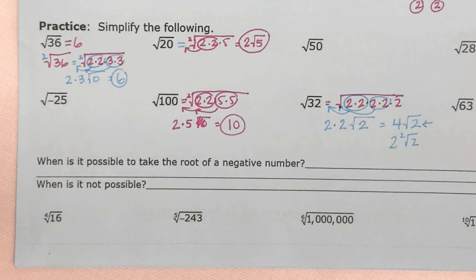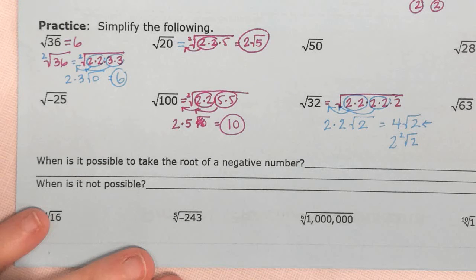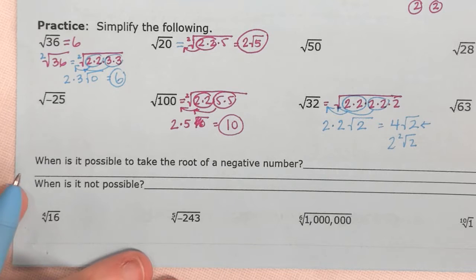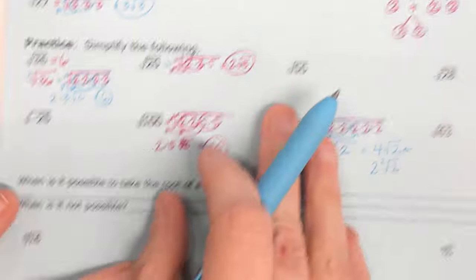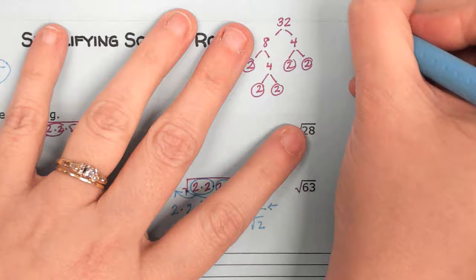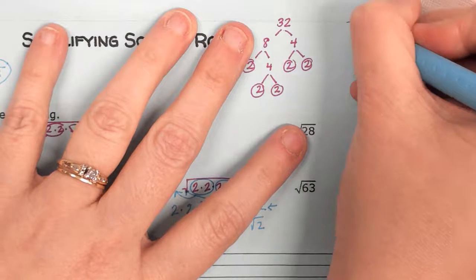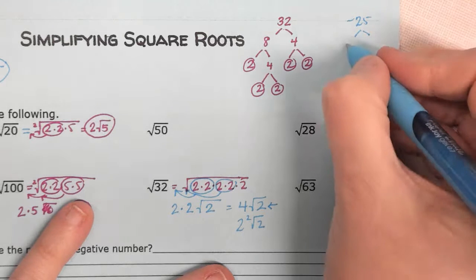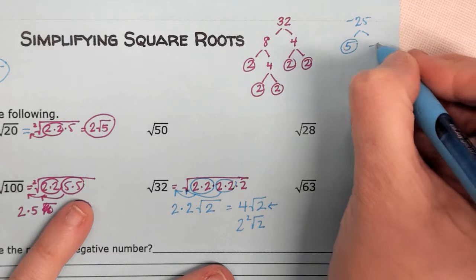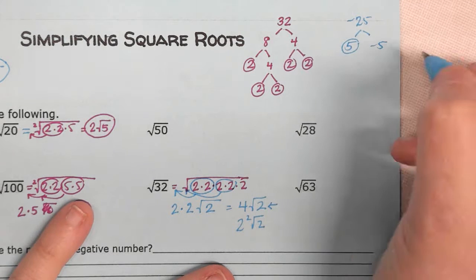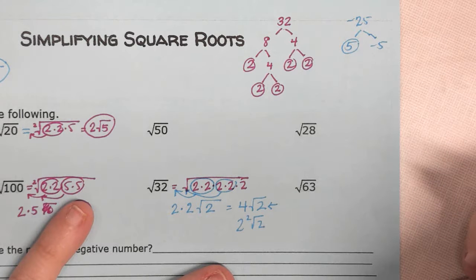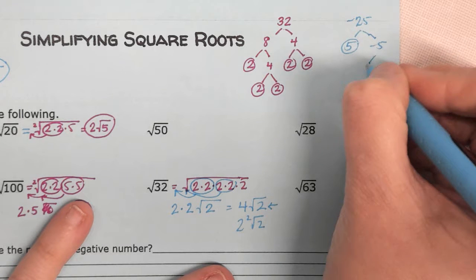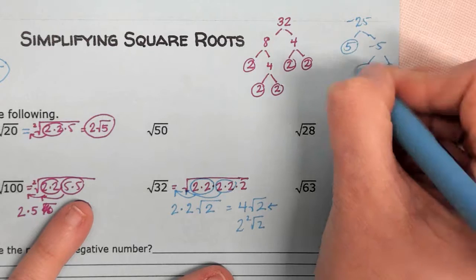All right, so let's talk really quickly about this guy right here. Are any of you starting to see that there might be a different answer if we prime factor, that maybe undefined isn't the only answer we could put? So let's think about the square root of negative 25. How can I find negative 25? 5, which is prime, times negative 5, which is not prime, because it's negative 1 times 5.